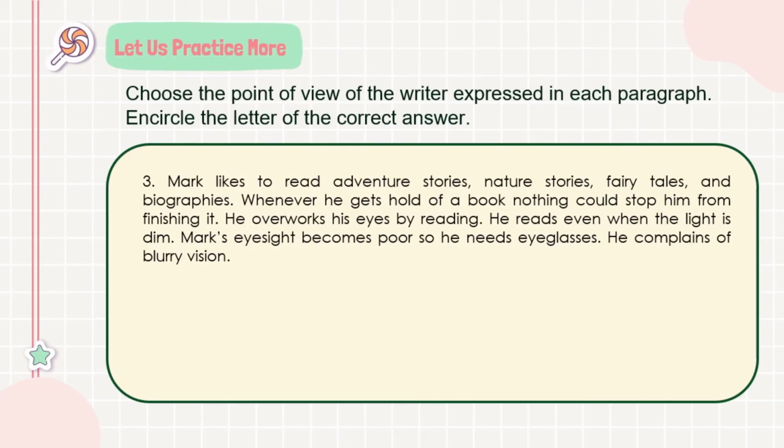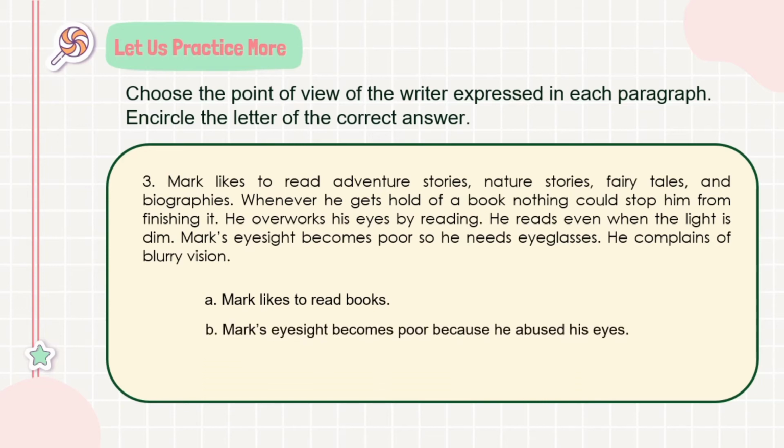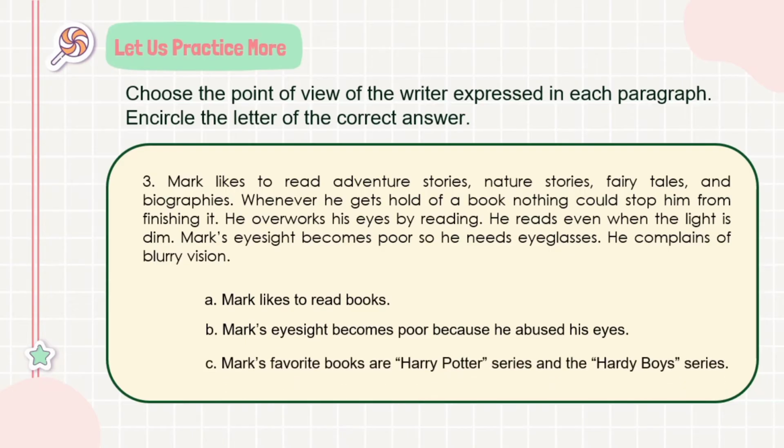He complains of blurry vision. So, what is the writer's point of view? Is it A. Mark likes to read books? B. Mark's eyesight becomes poor because he abused his eyes? C. Mark's favorite books are the Harry Potter series and the Hardy Boys series.